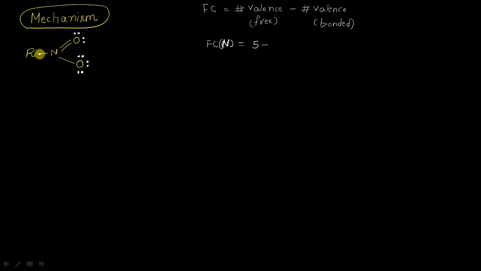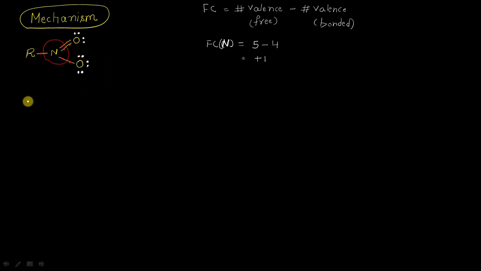Because each bond here is made up of the sharing of electrons, I can show the electrons like this. Even this bond is made up of 2 electrons, such that this nitrogen atom in the bonded state now has a total of 4 valence electrons. You can count from here 1, 2, 3 and 4, so I can write number 4, and it will give me a formal charge of +1.